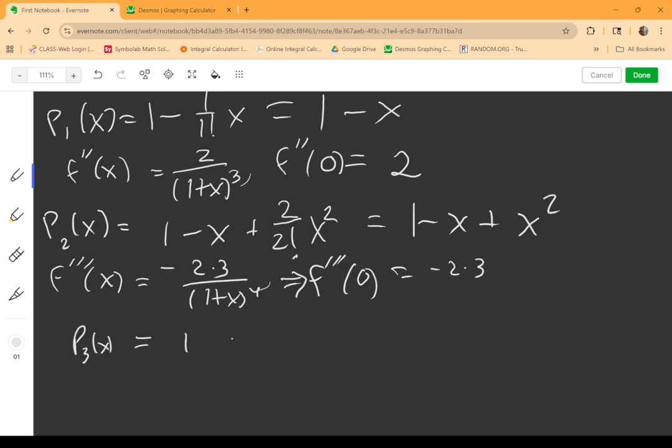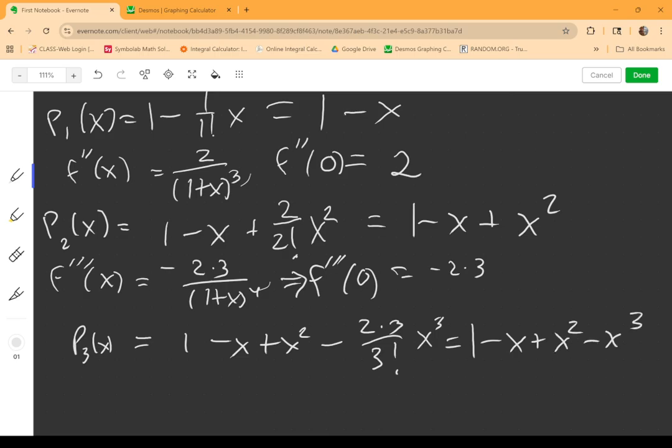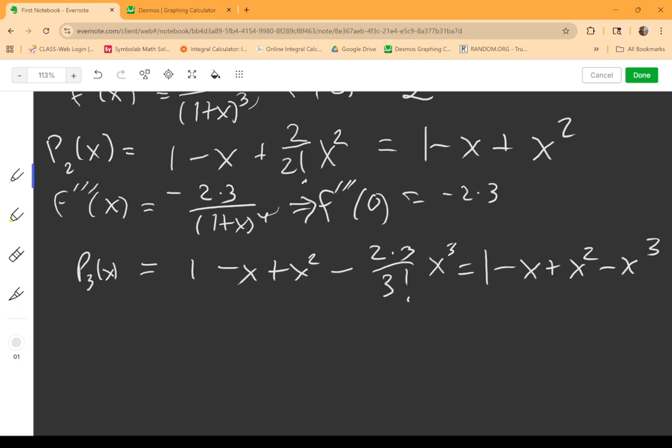So we get 1 minus x plus x squared, minus 3 factorial over 3 factorial, essentially 1, so x cubed. So we get 1 minus x plus x squared minus x cubed, alternating signs for our powers.